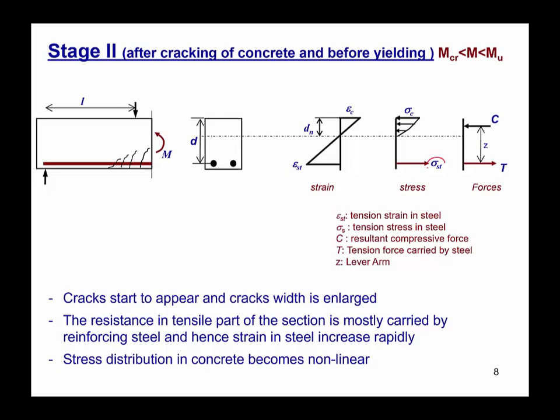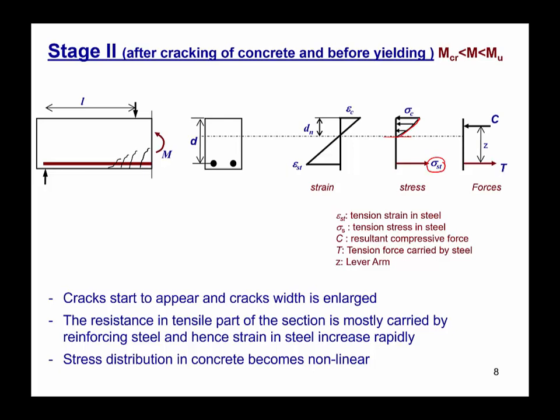As you can see, all of the tensile stress is now taken by the steel only, and we neglect any tensile stresses taken by the concrete below the neutral axis. So the concrete is now taking only the compressive stress and the steel is taking all the tensile stresses. Also, the stress profile in the concrete will start to become non-linear.